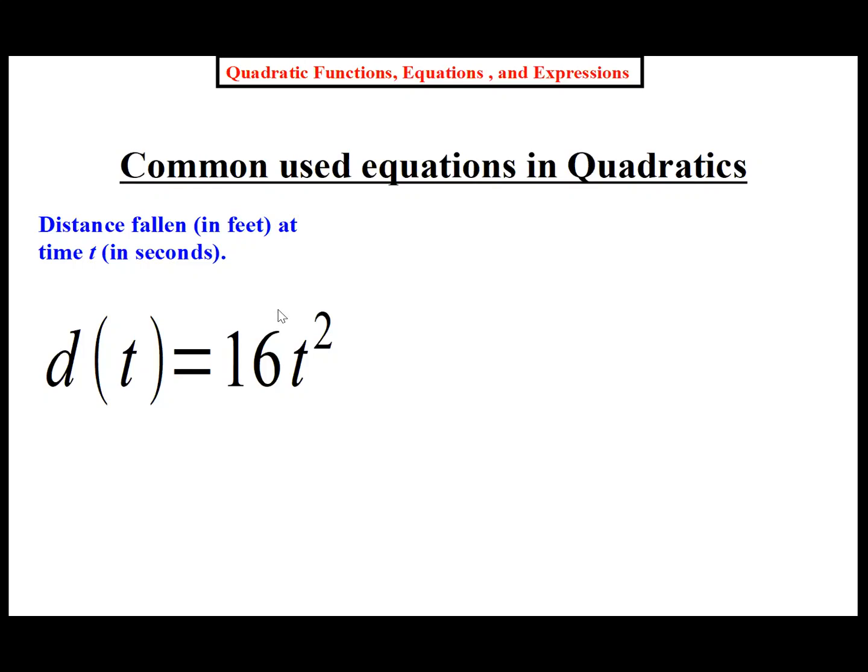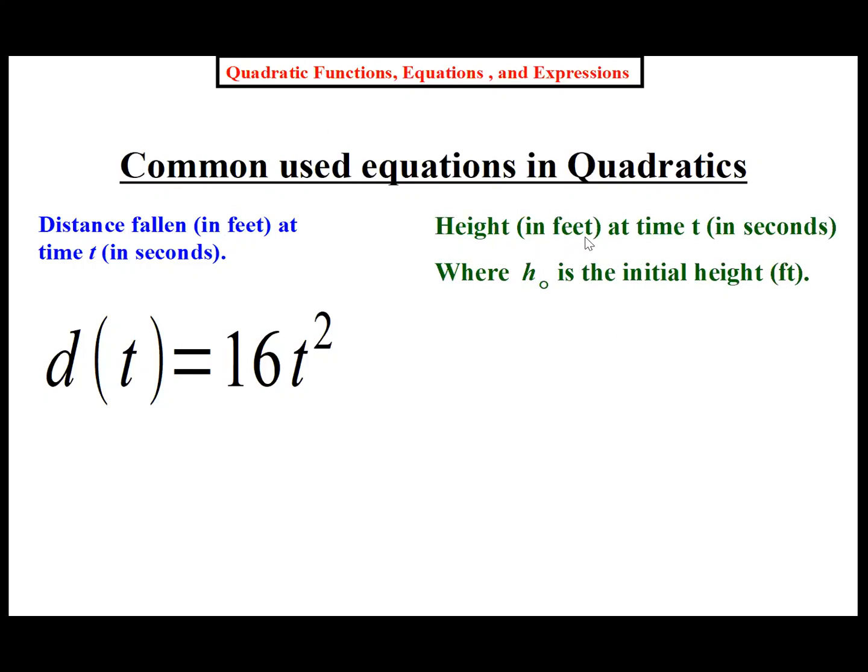The second most common one has to do with height in feet at time t, where h sub 0, look, there's a little 0 right there, is the initial height. So wait a minute, how many heights do we have, Mr. Q? There are 2 of them, the height in feet and the initial height.